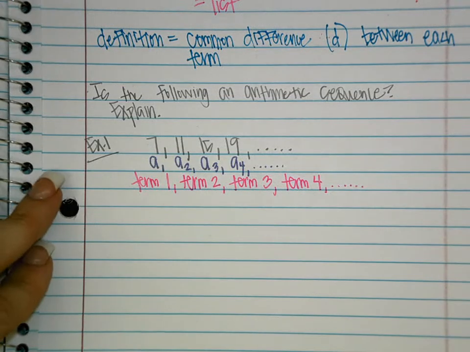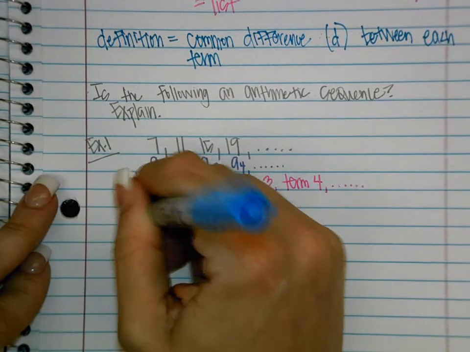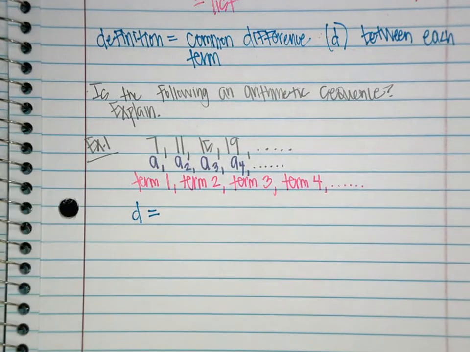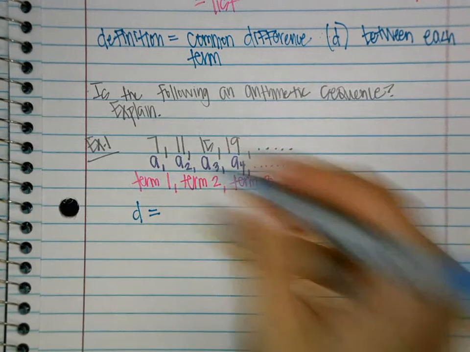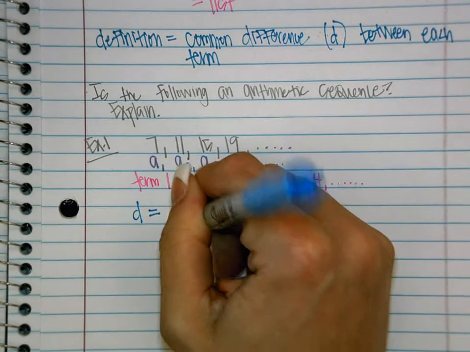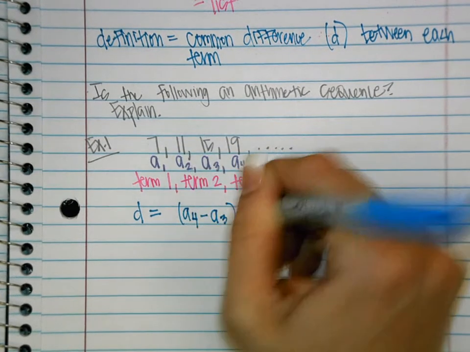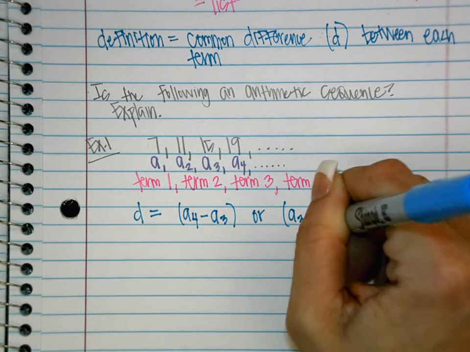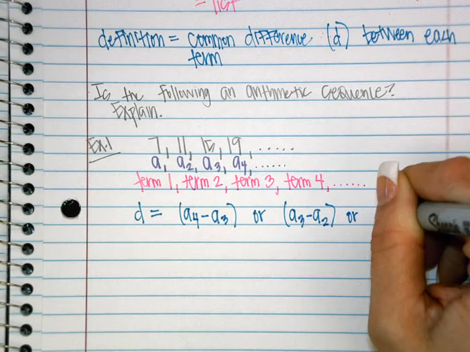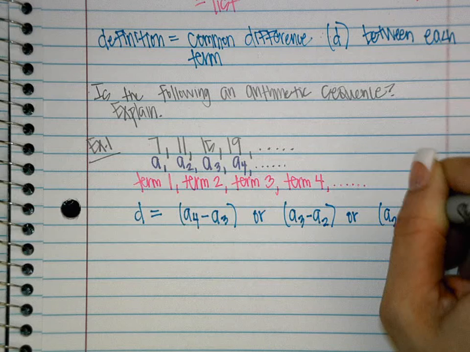The way that you tell if something has a common difference is that D is equal to, you can basically take any term number and subtract the one in front of it. So I could do A4 minus A3, or I could do A3 minus A2, or we could do A2 minus A1.